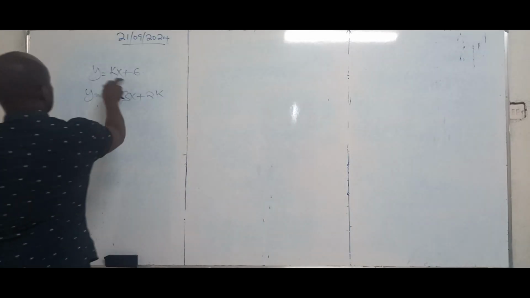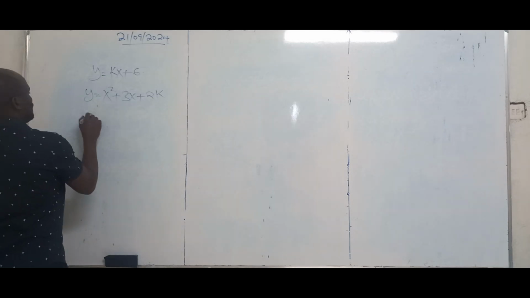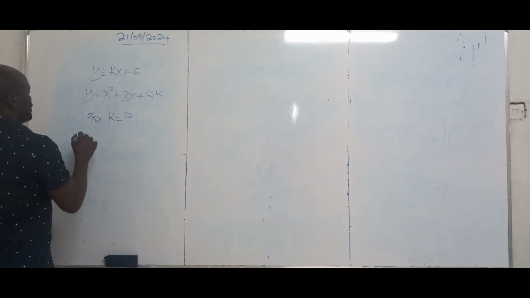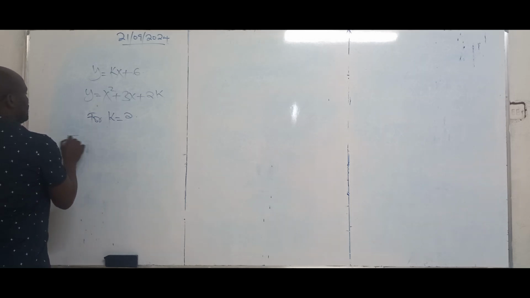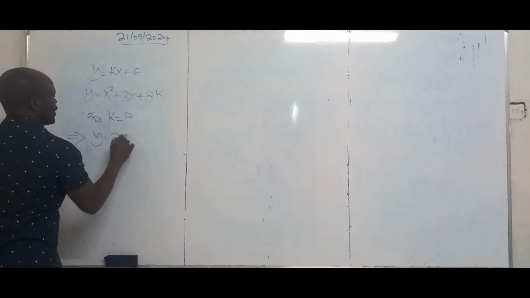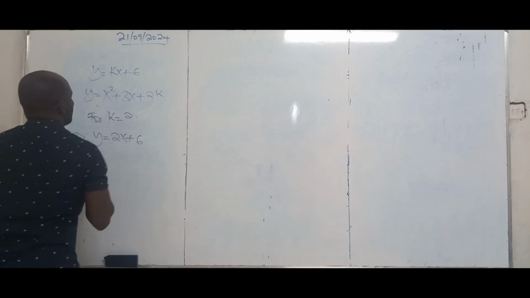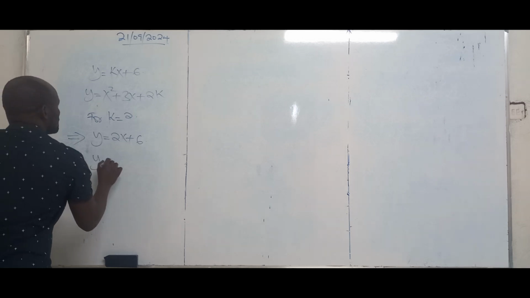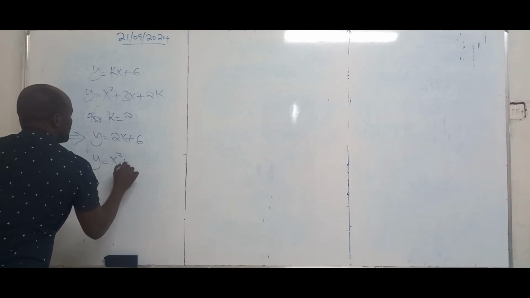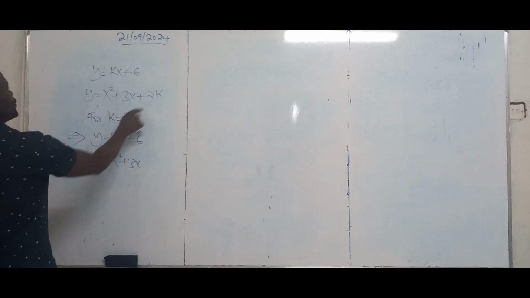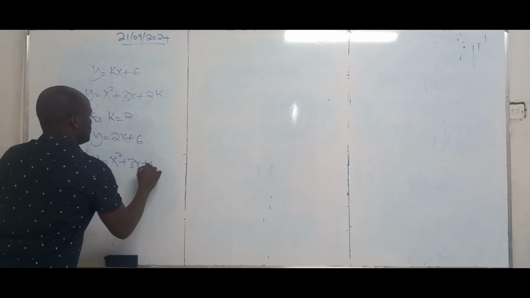Now, let's say k is equal to 2. Then the line will be y is equal to 2x plus 6, and the curve will be y is equal to x squared plus 3x plus 4, because this is 2 times 2, which is 4.